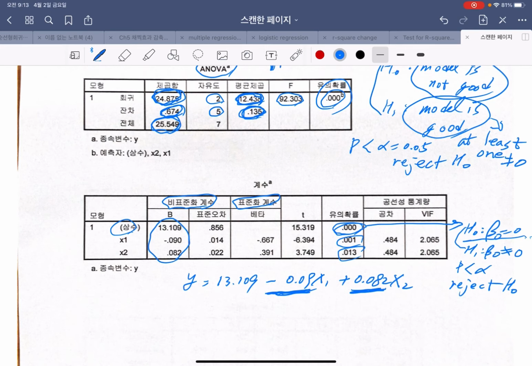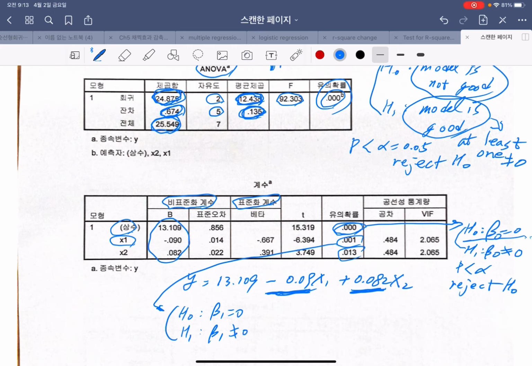Now let's look at this one, 0.001. This one is for the coefficient for the x1 independent variable. So in this case, the null hypothesis is beta 1 is equal to 0, and the alternative is beta 1 is not equal to 0. Okay?